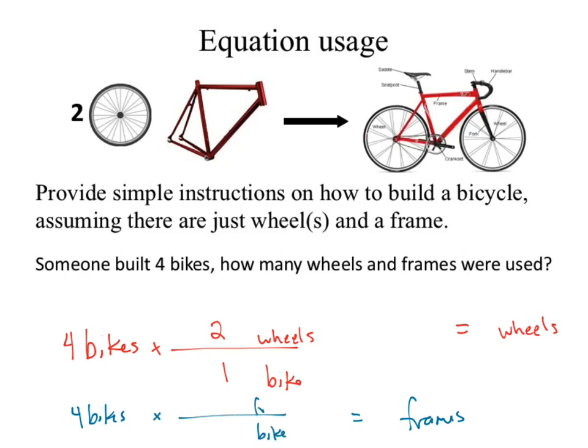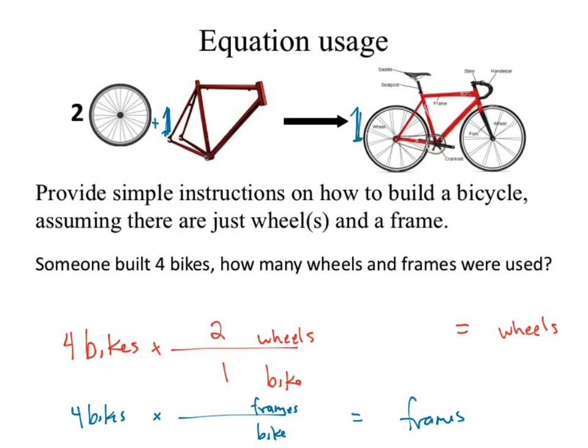Well, bikes, frames. Where do I find the conversion factor between bikes and frames? From my recipe, the chemical equation that tells me it. And in that chemical equation, where does it tell me the number of frames I need? There's an implied 1. What's in front of the bike?